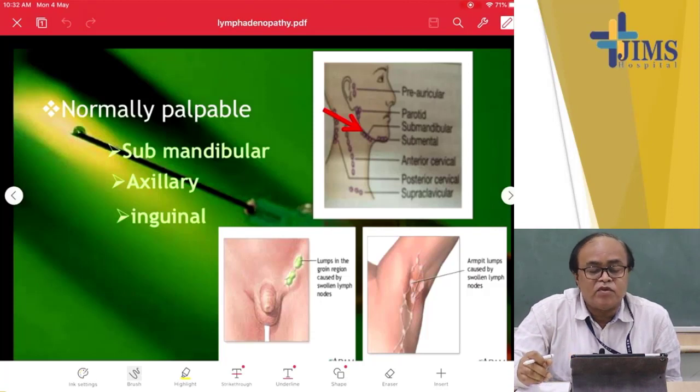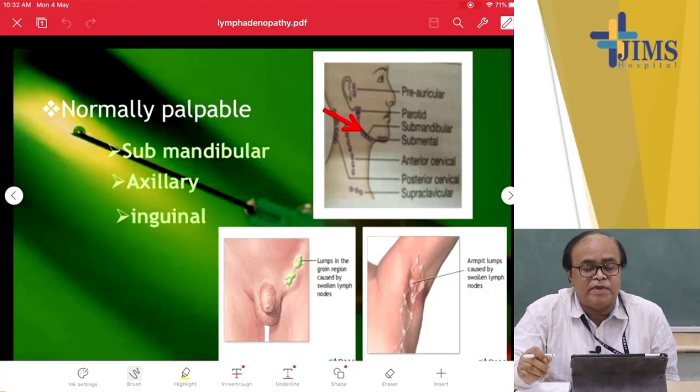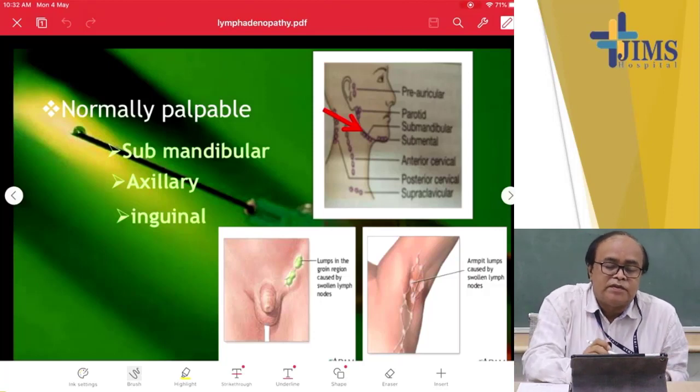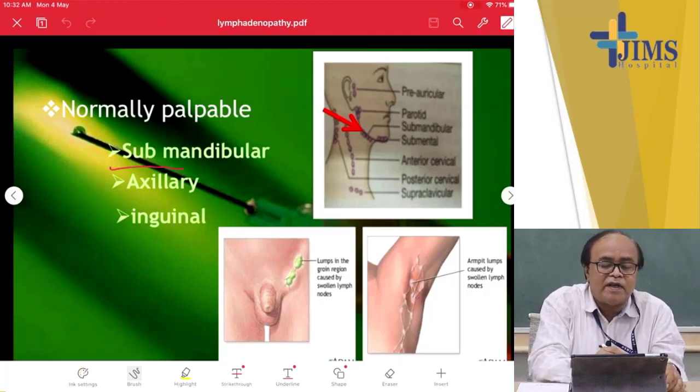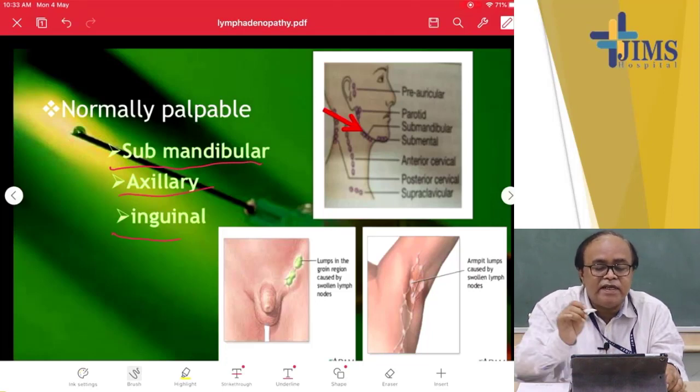There are some lymph nodes which are normally palpable. What are those? Submandibular lymph nodes, axillary lymph nodes and inguinal lymph nodes.